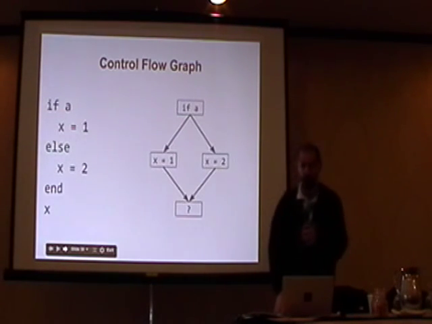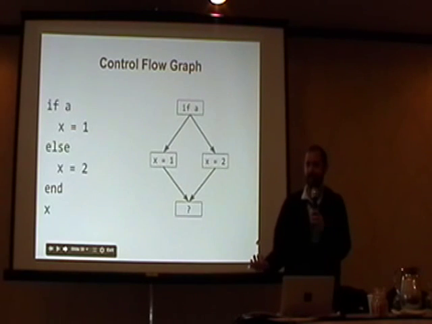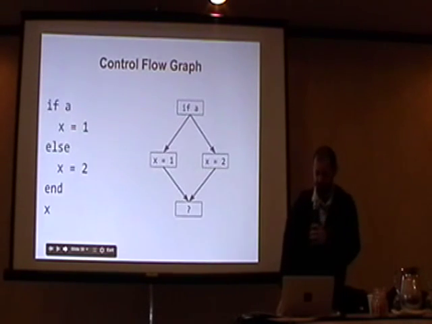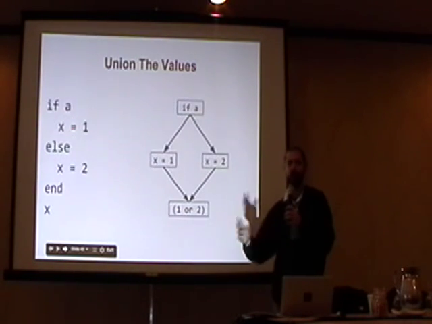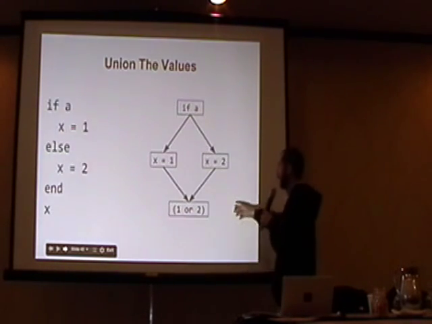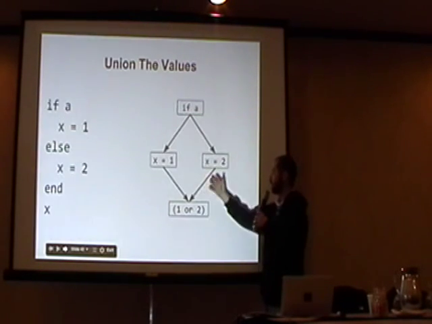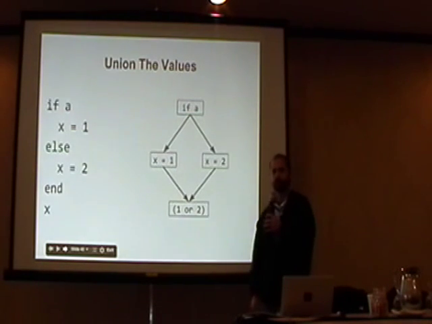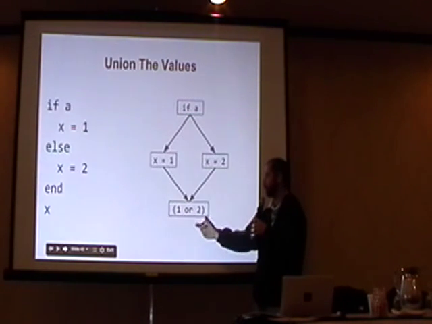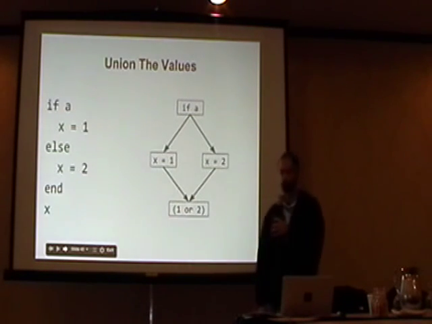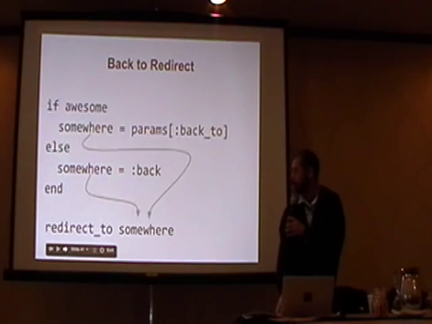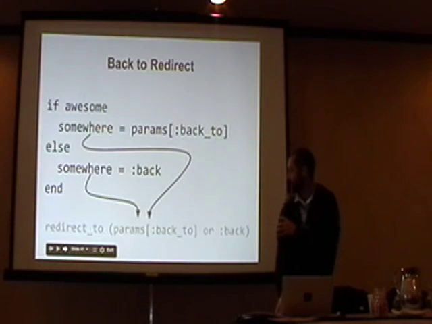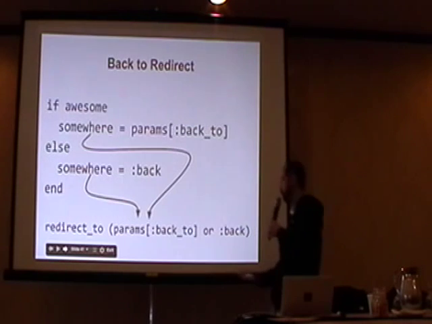So the approach, which it turns out is a very common thing to do. This is why you should read literature before you write the code. So we basically union the values. You say X could be 1 or it could be 2. And if you wanted to express that in Ruby code, maybe you just say 1 or 2. Now X is 1 or 2, and if one of those values is dangerous, now we know.